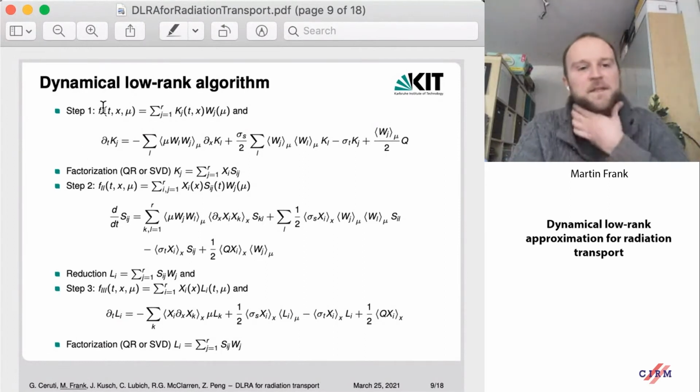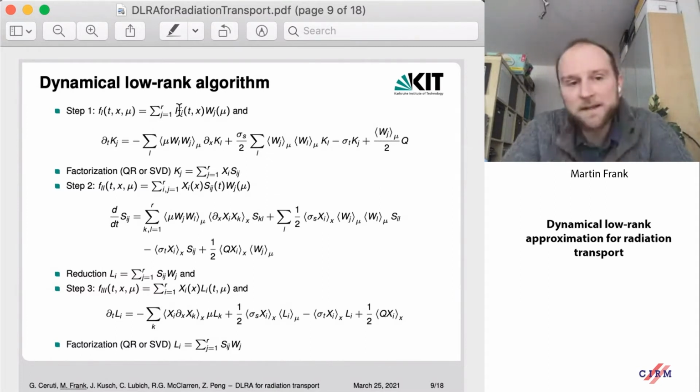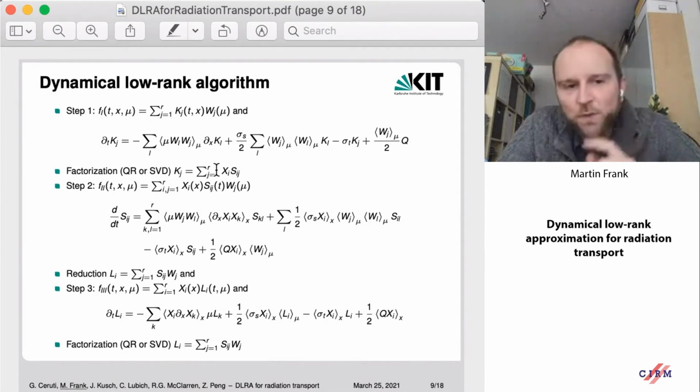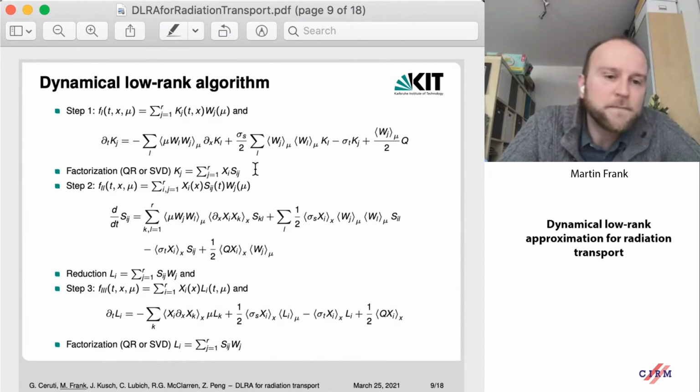So in the first step, I have this decomposition. This K is actually U times S, and I can derive an ODE for this, which looks like this. Don't worry about the details. Then I do need a QR decomposition or an SVD because I need to retrieve the two factors again. So I take this K and extract the X times S, which I can do using an SVD.